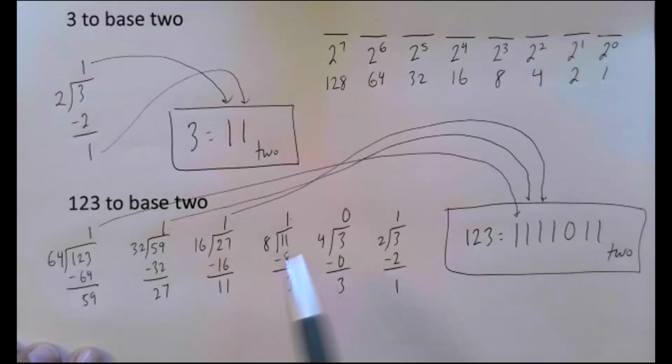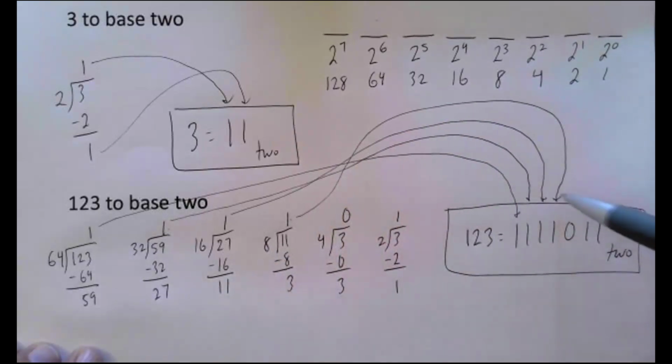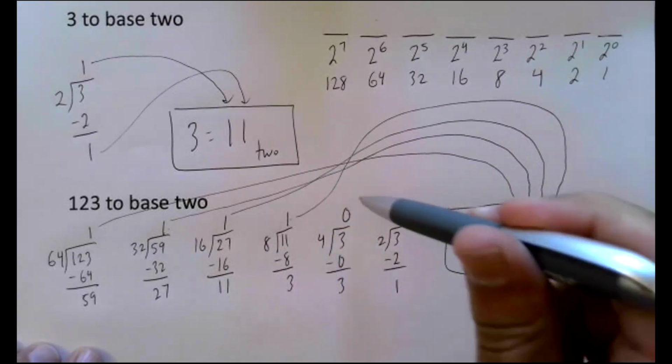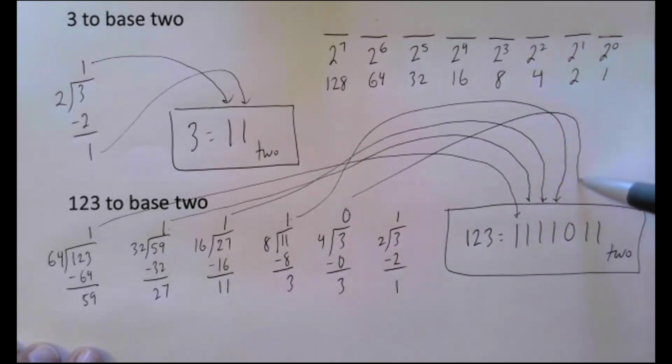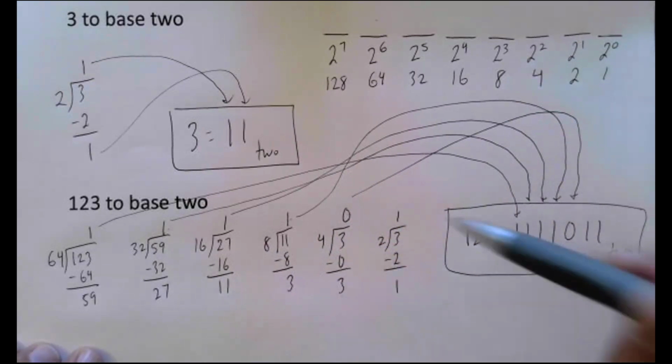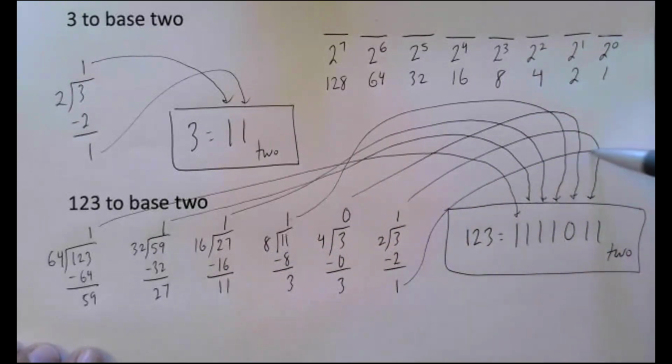That one is representing that there's one set of 8. That 0 is representing the 0 sets of 4. That one is representing the fact there was one set of 2. And that final one is representing that we had one left over. That means there was one set of 1 left over at the end.